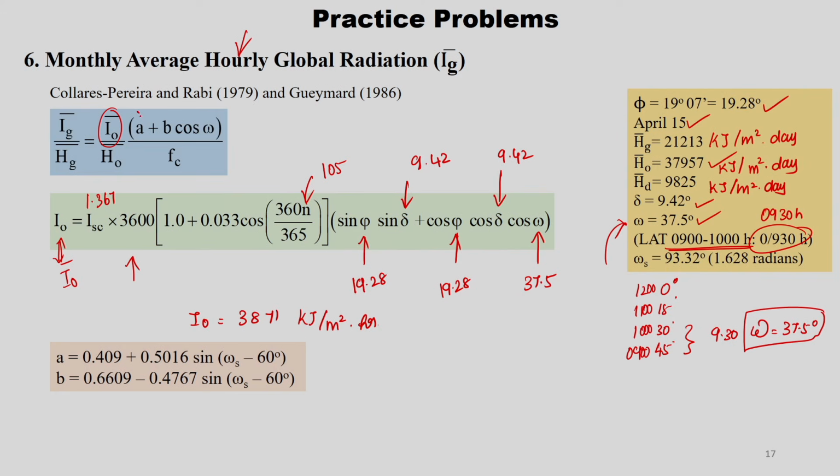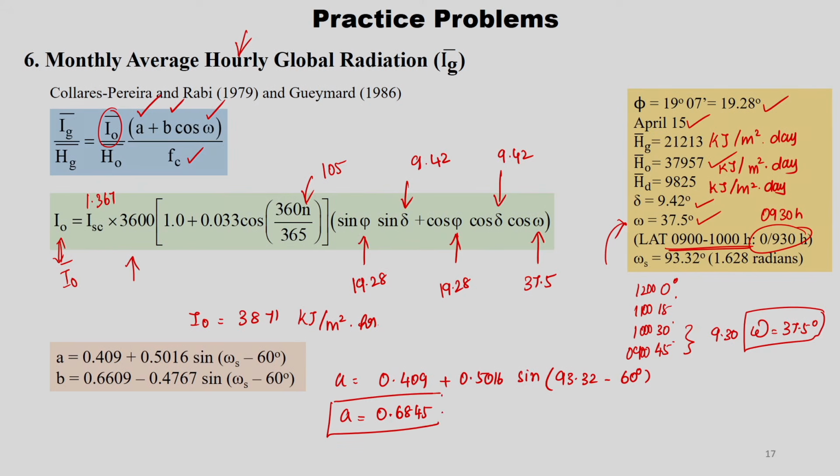And then it requires A and B, omega is already there, and Fc is another constant. A is given as 0.409 plus 0.5016 sin(omega s minus 60). Omega s we have already calculated as 93.32; remember, this omega s is for a horizontal surface. So A is coming around 0.6845.